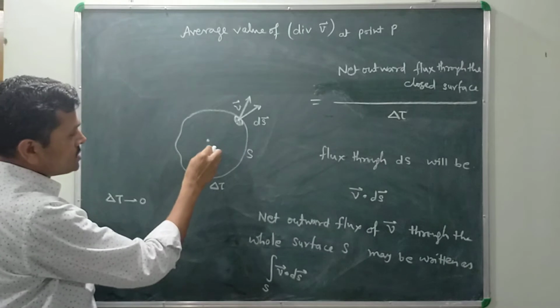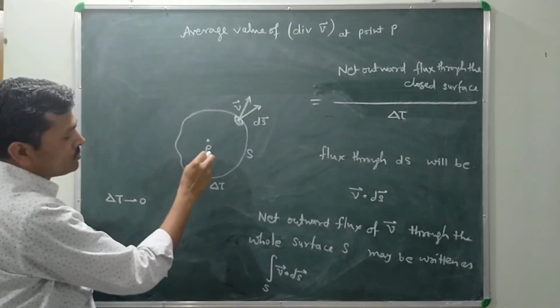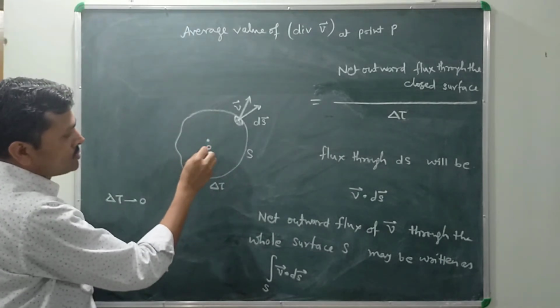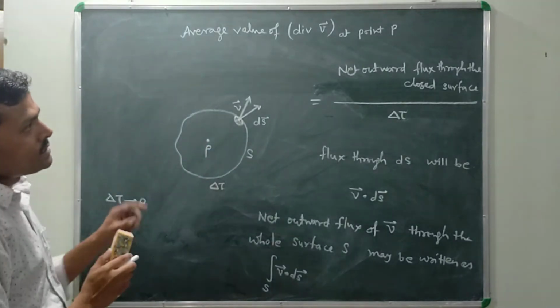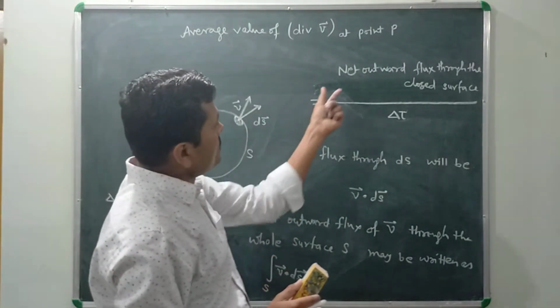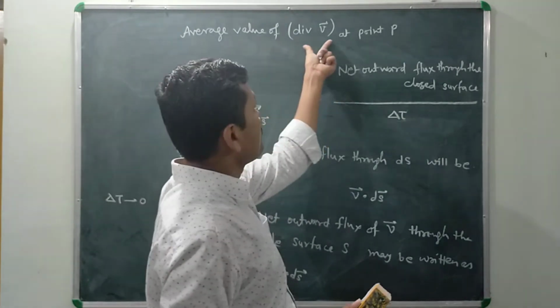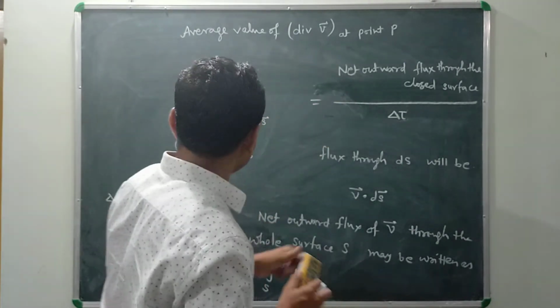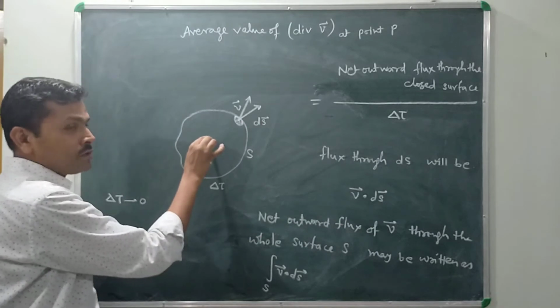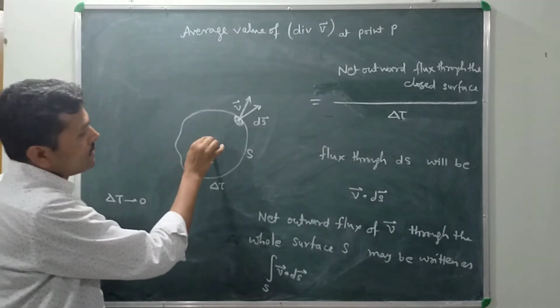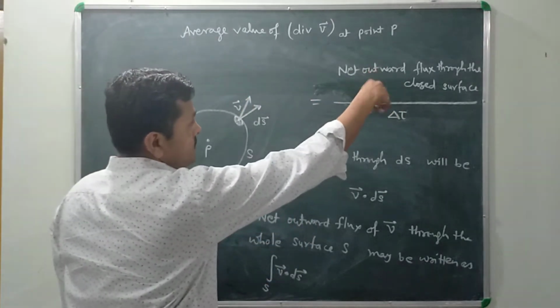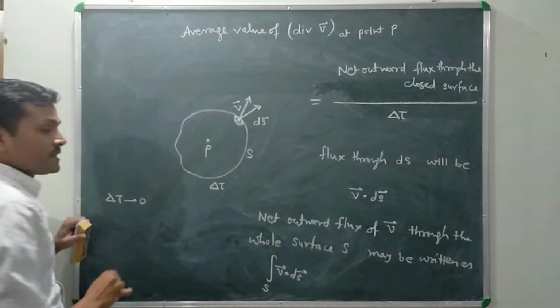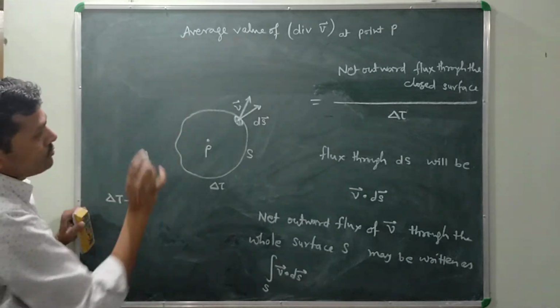This volume is such a small volume that inside this volume there is only one point P. Then the divergence of vector V will have the exact value at this point and not the average value. It is not the average value, but it is the exact value of divergence of vector V.